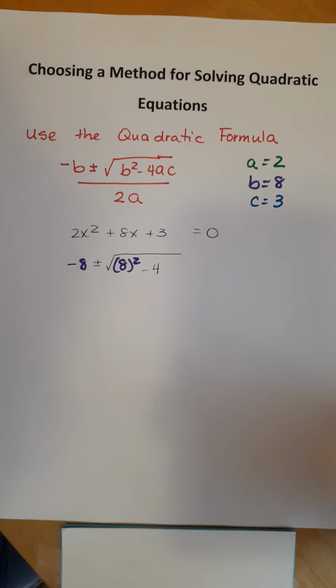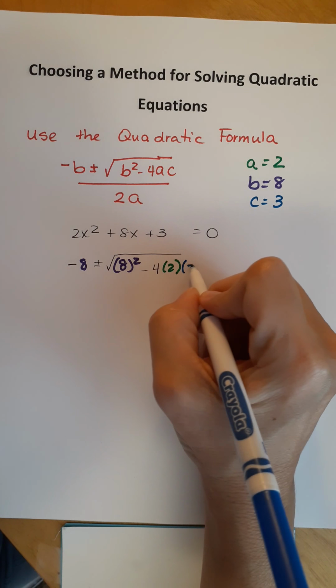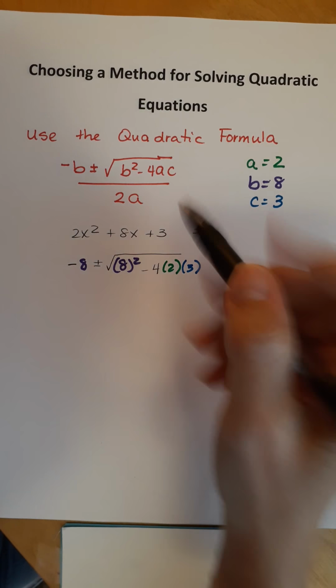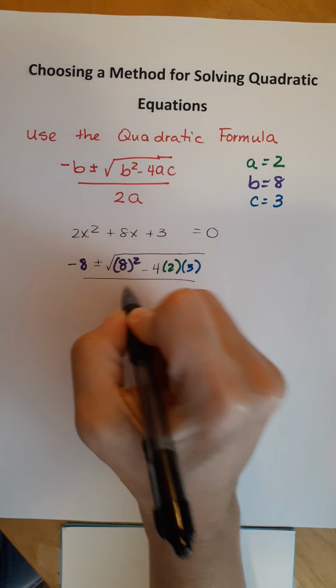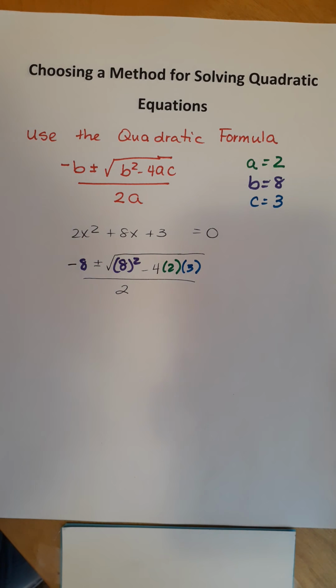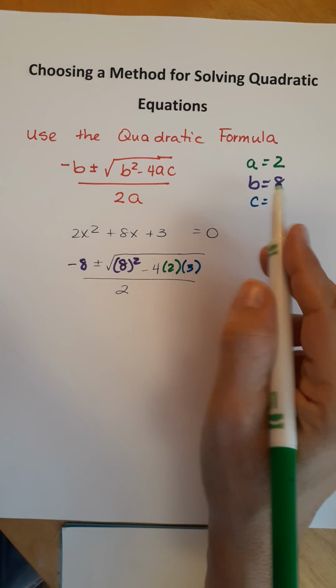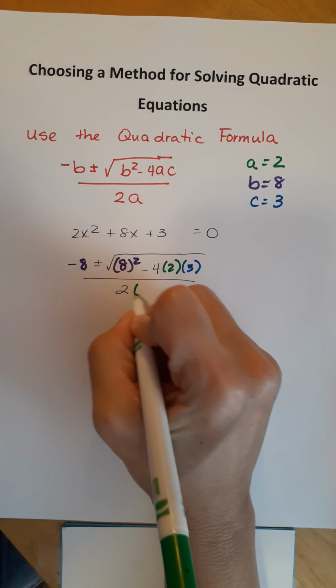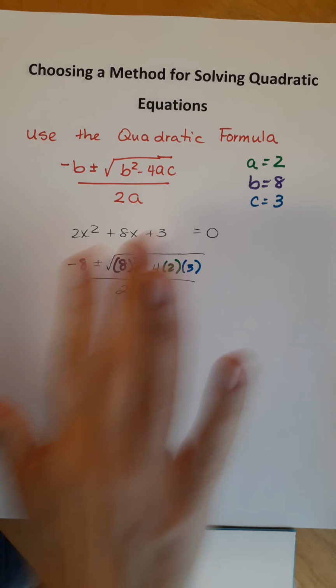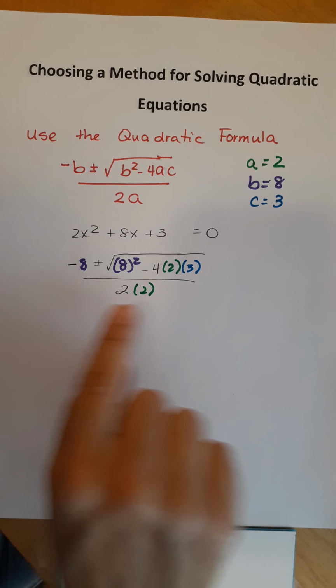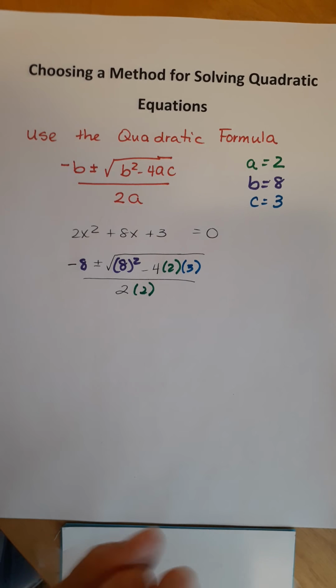A is 2. C is 3. All over 2 a, and my a is 2. Okay, so you can see all the numbers and see where they go. The black is non-changing. The colors depend on your quadratic equation.